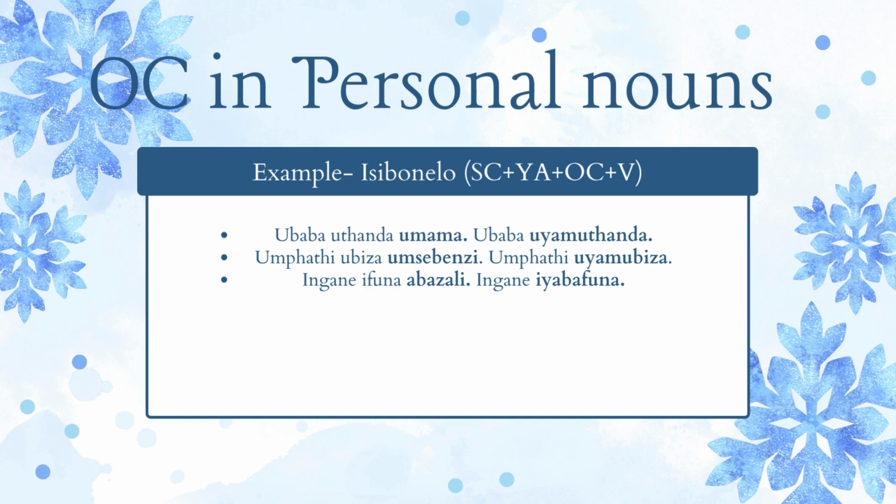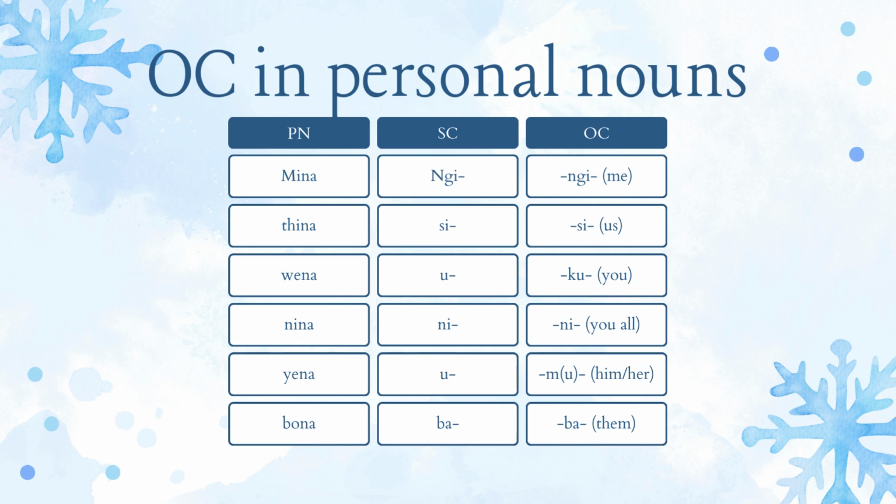Umama ubiza mina. But I don't want to say that, so then I would say umama, that's my subject. The subject concord for umama is u, then I put ya, then I put ngi as an object concord, then biza. Umama uyangibiza instead of umama ubiza mina. Umama uyangibiza.